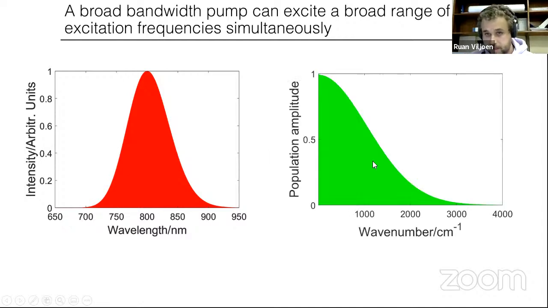And this is what I have plotted here on the right. So this spectrum here can simultaneously excite a broad range of Raman frequencies instead of looking at them one by one and without tuning anything.